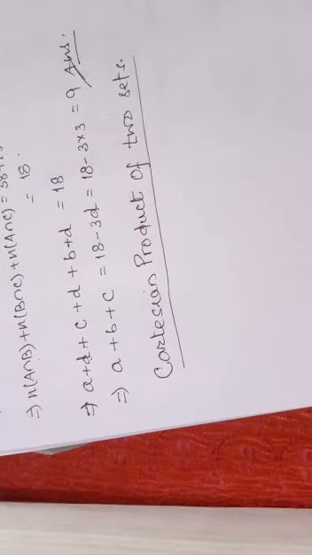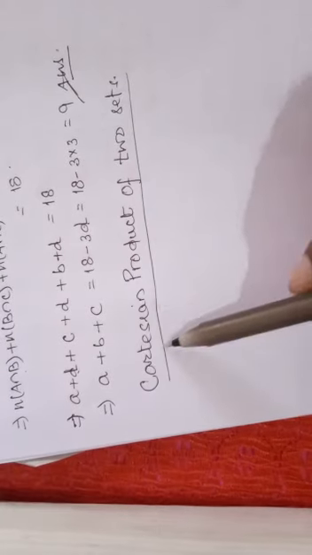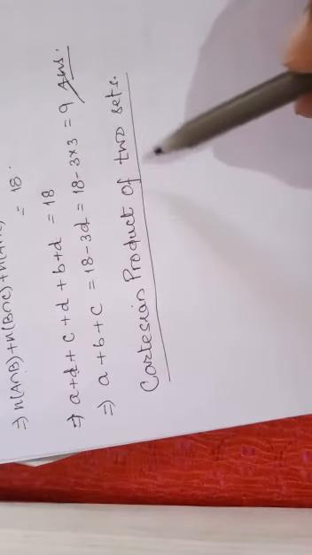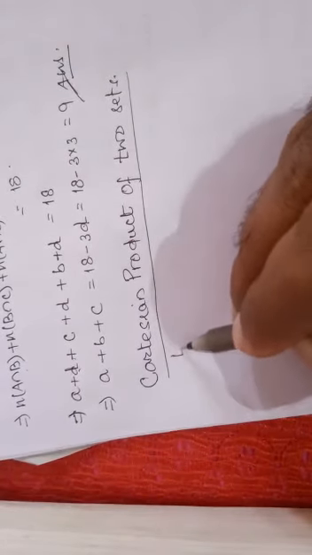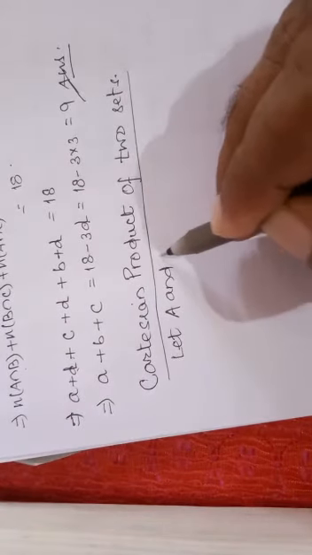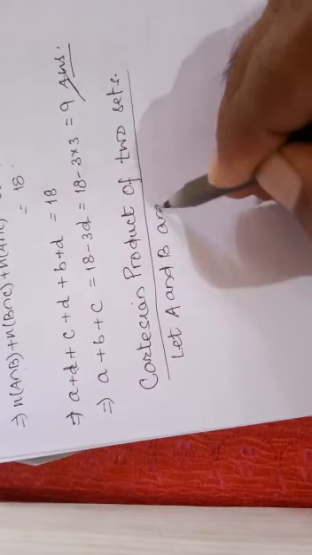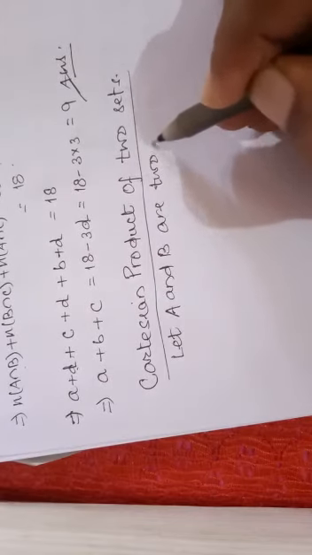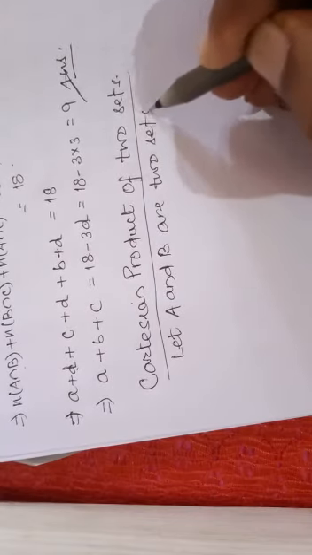Now children, understand the term Cartesian product of 2 sets. So let A and B be 2 sets.